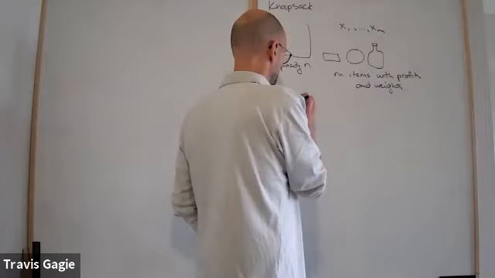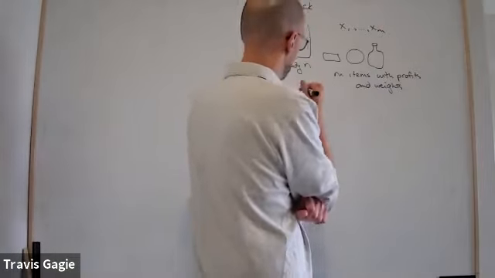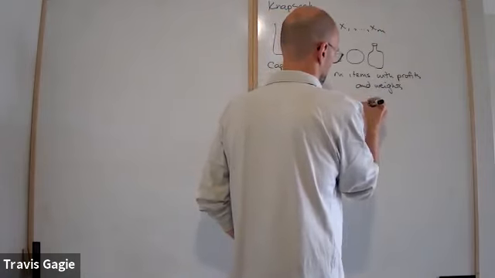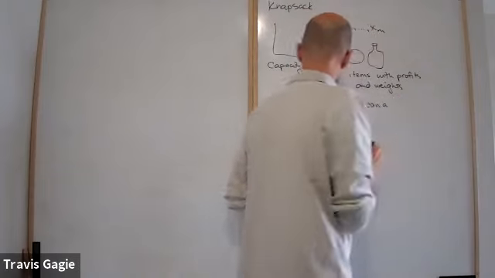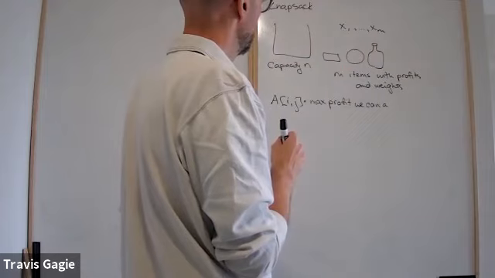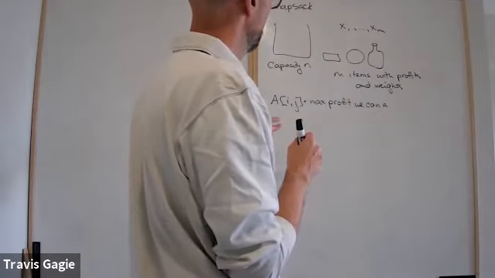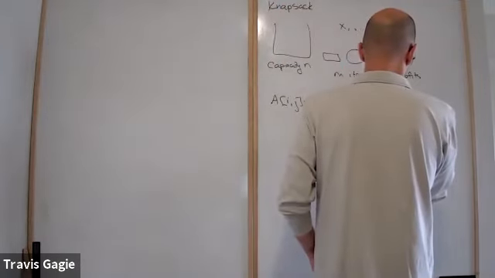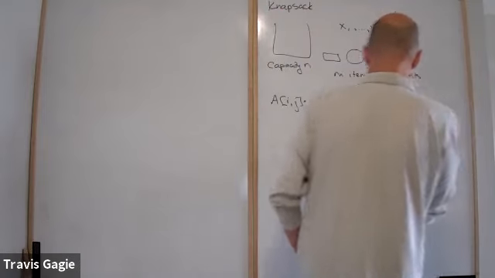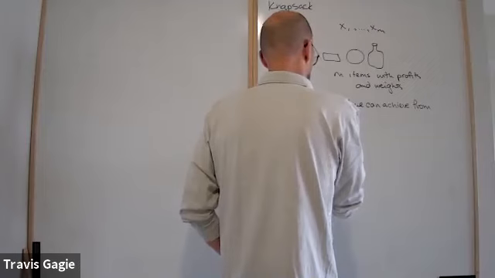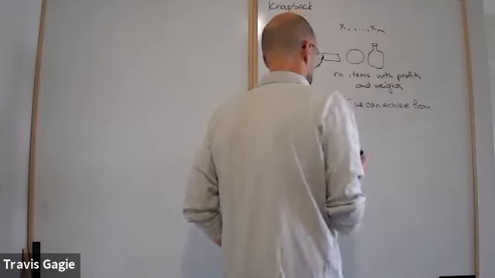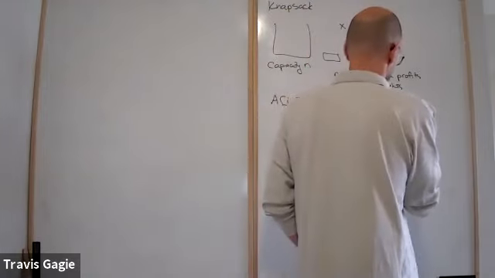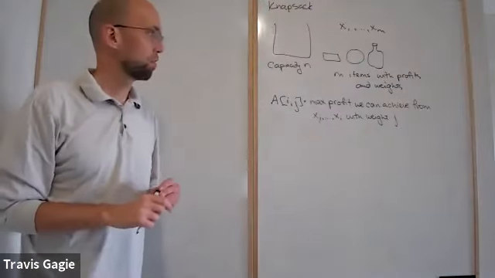So we want a_ij, the max profit we can achieve from x1 to xi with weight j.